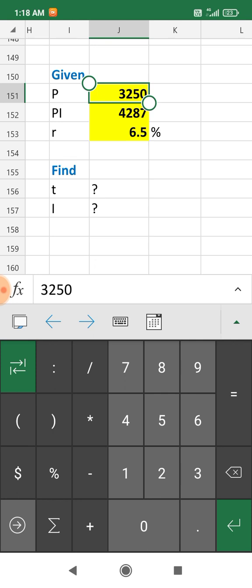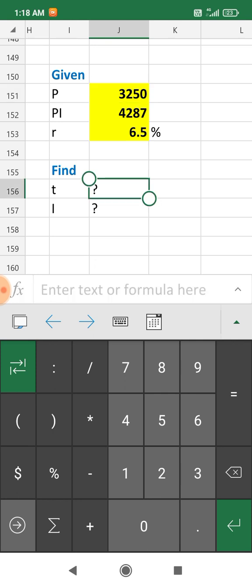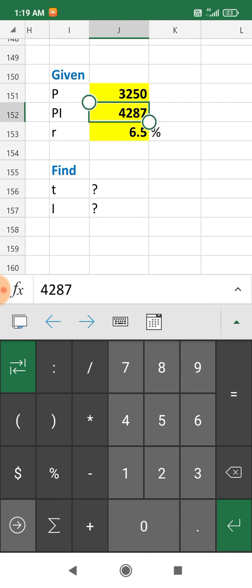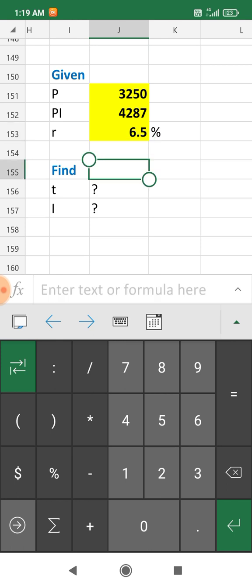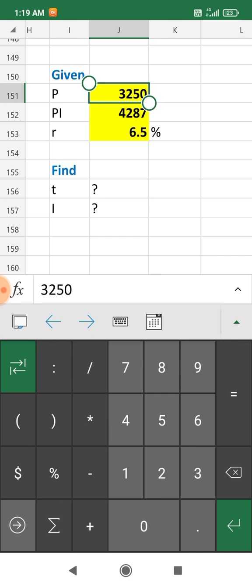Another way, you have to calculate time once again, but which are given? P is given, PI is given, and 6.5 interest rate is given. Okay, so that means the question may come in this way: for how much time if I invest these rupees in a bank for 6.5% yearly interest rate, will I get this amount of money.